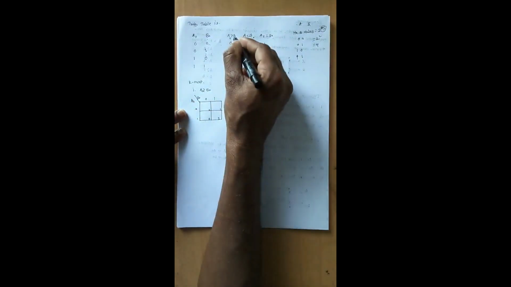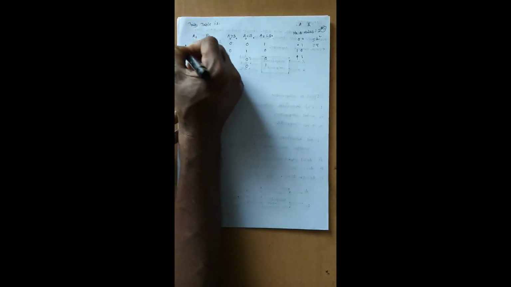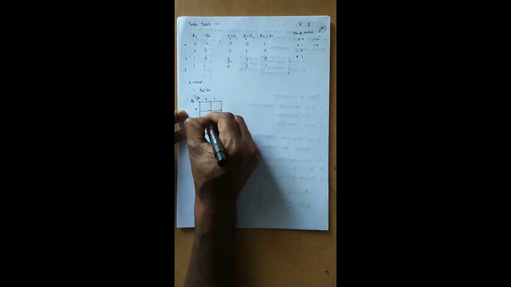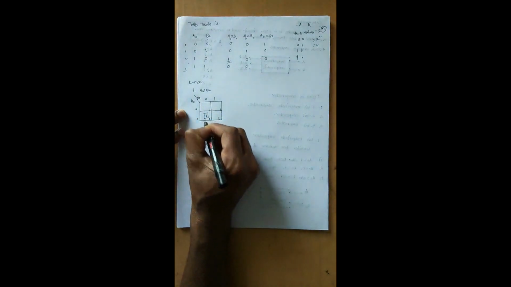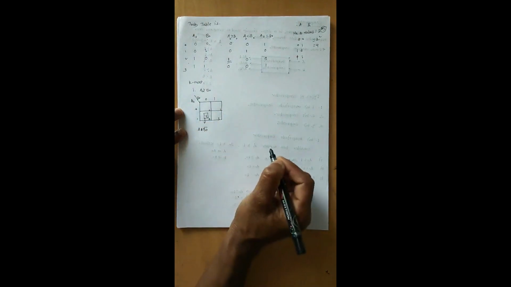What are the minterms present? The minterm is present at decimal value 2, so mark 2 here, and find the common terms. Here the common term is A0 into B0 complement.